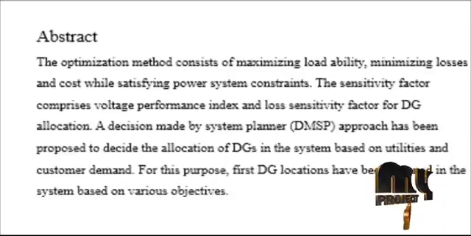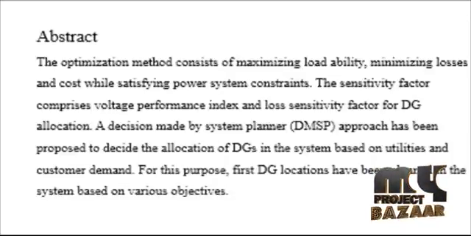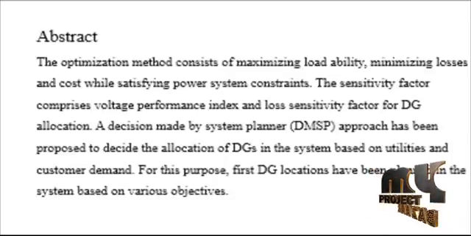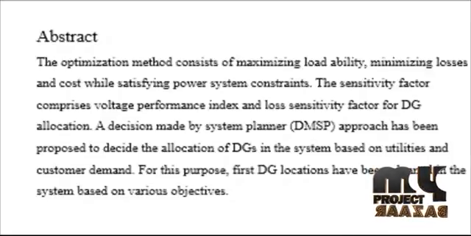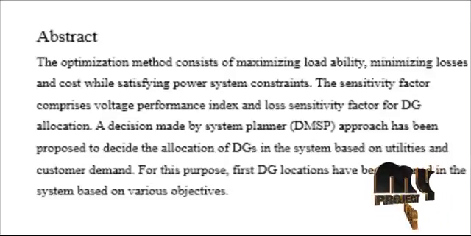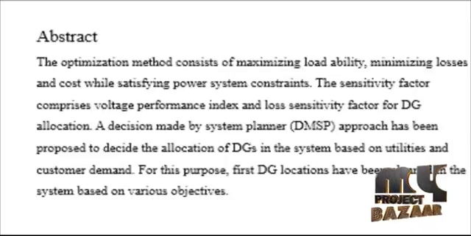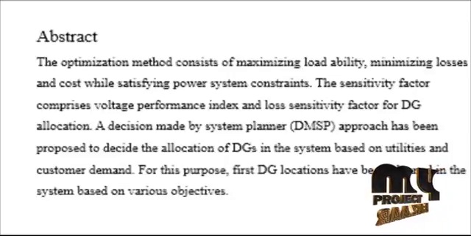Many methods were proposed in the literature for finding the best allocation for DG placement considering various objectives. Sometimes it becomes a task for system planners to select the objective for DG allocation based on the utility and customer point of view.